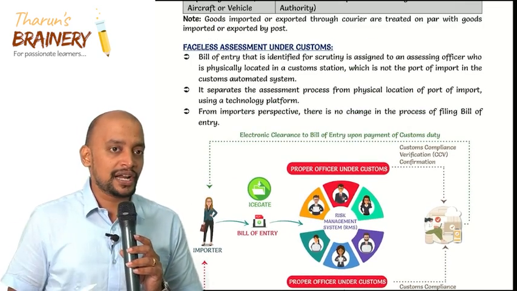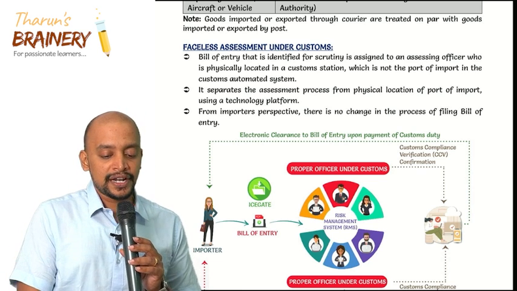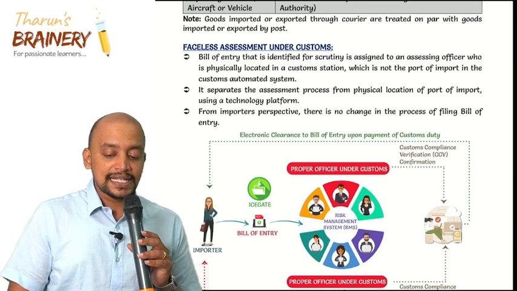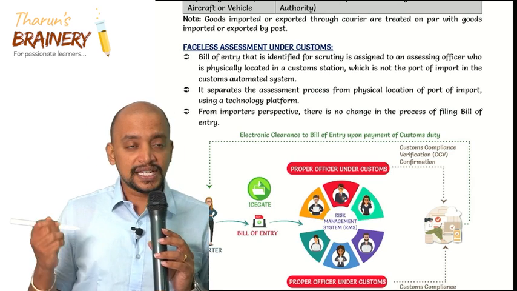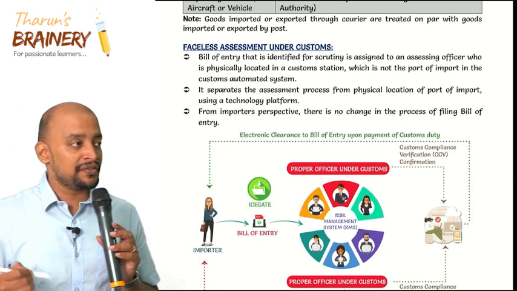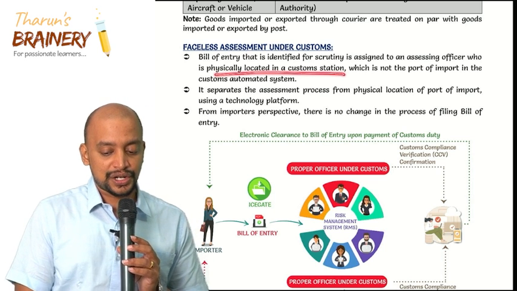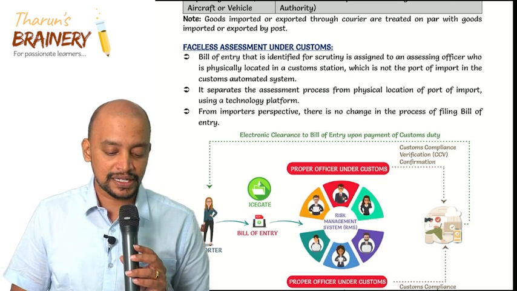Suppose if you get a theory question, short note question on faceless assessment, what you need to write? Bill of entry that is identified for scrutiny is assigned to an assessing officer. Is that assessing officer physically located in the customs station where we are importing? No. He is physically located in a customs station which is not the port of import in the customs automated system.